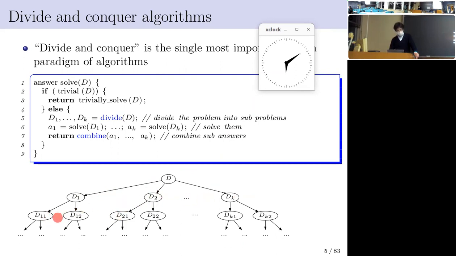The same is true for these tasks. So you end up creating many more tasks than the number of cores, and these tasks are generated along the way.